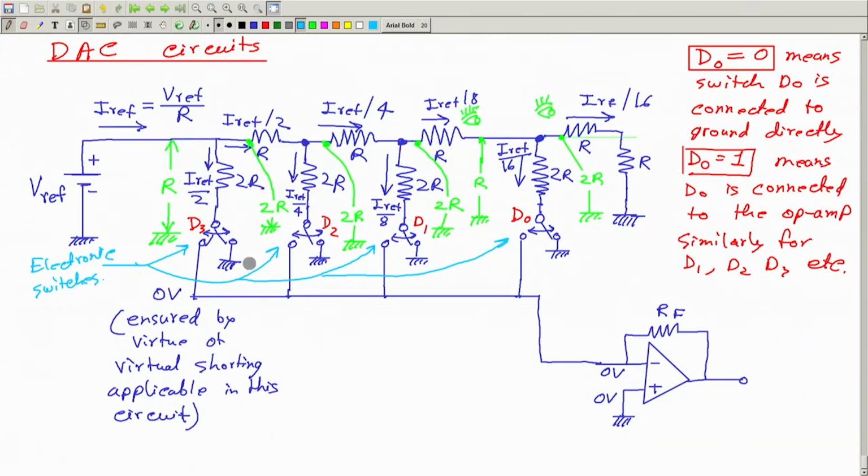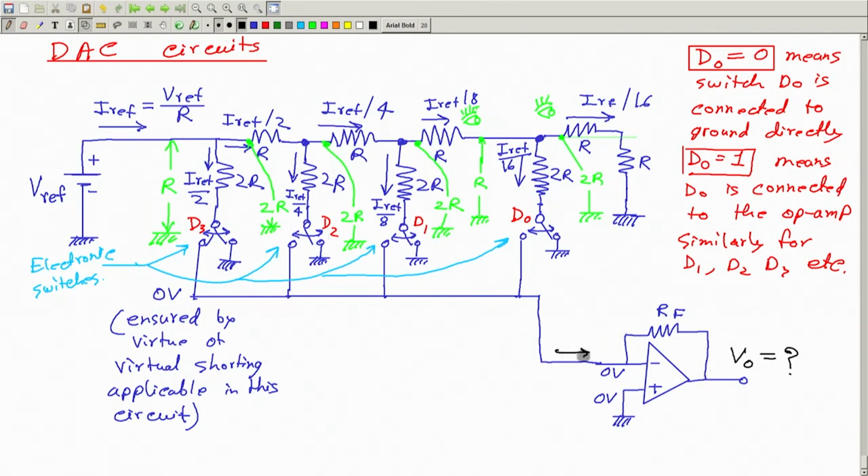Okay. So now the next thing we will do is calculate this voltage, VO, this output voltage. How to calculate this voltage? This point we know is at 0 volt. So how much will VO be?